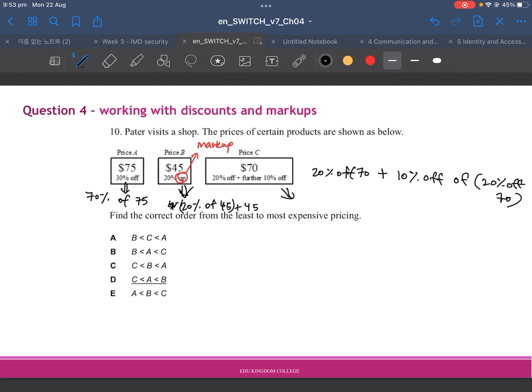Okay? So what I'm saying here is the original price changes, so obviously the amount of discount is going to change as well. So we can't do that.